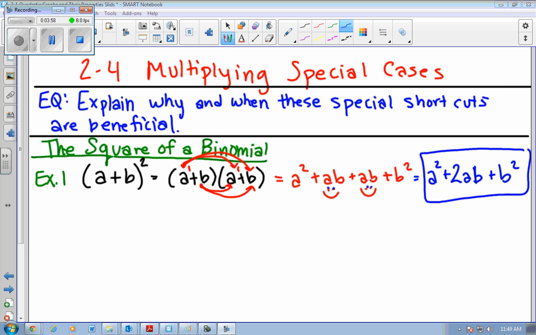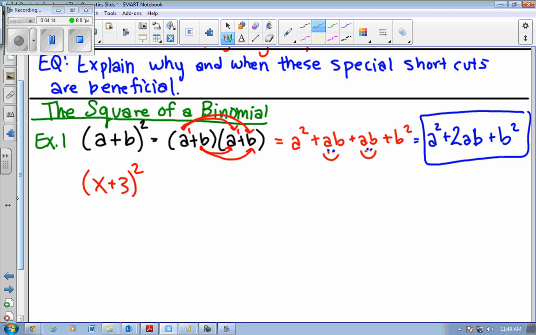Okay, so now we're going to try it with some numbers. Well, a binomial that has a number. Okay, what if I gave you x plus 3 squared? We could go through the distributive property, or you can be like, oh, this is a binomial that's squared. I know a shortcut for this. This is how Ms. Gray says it in her own words.